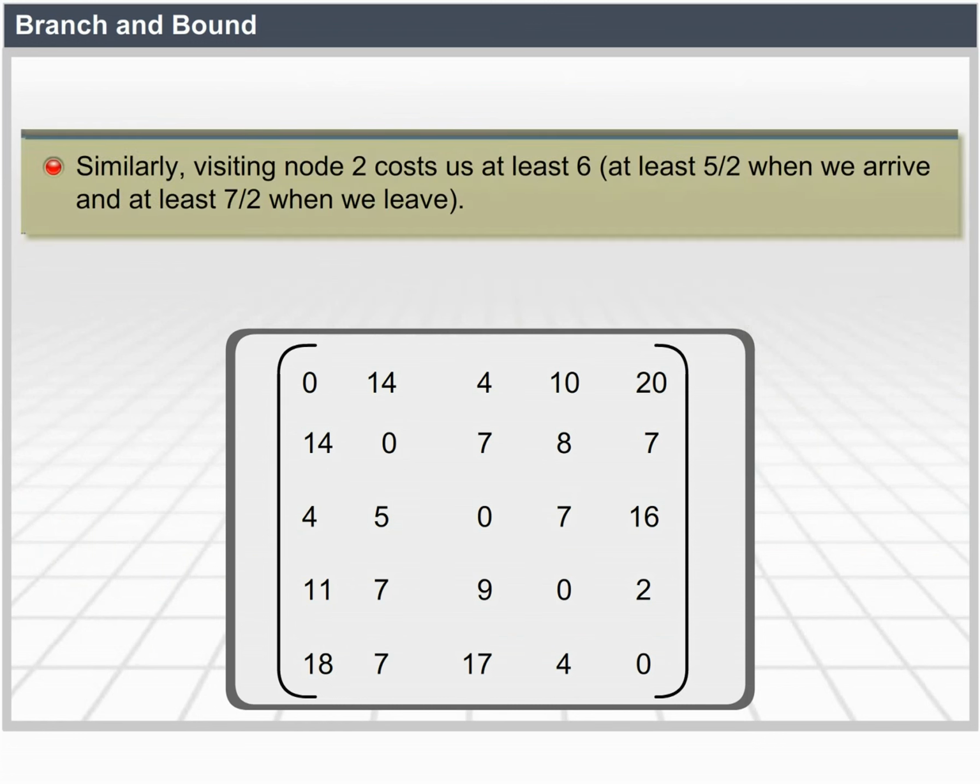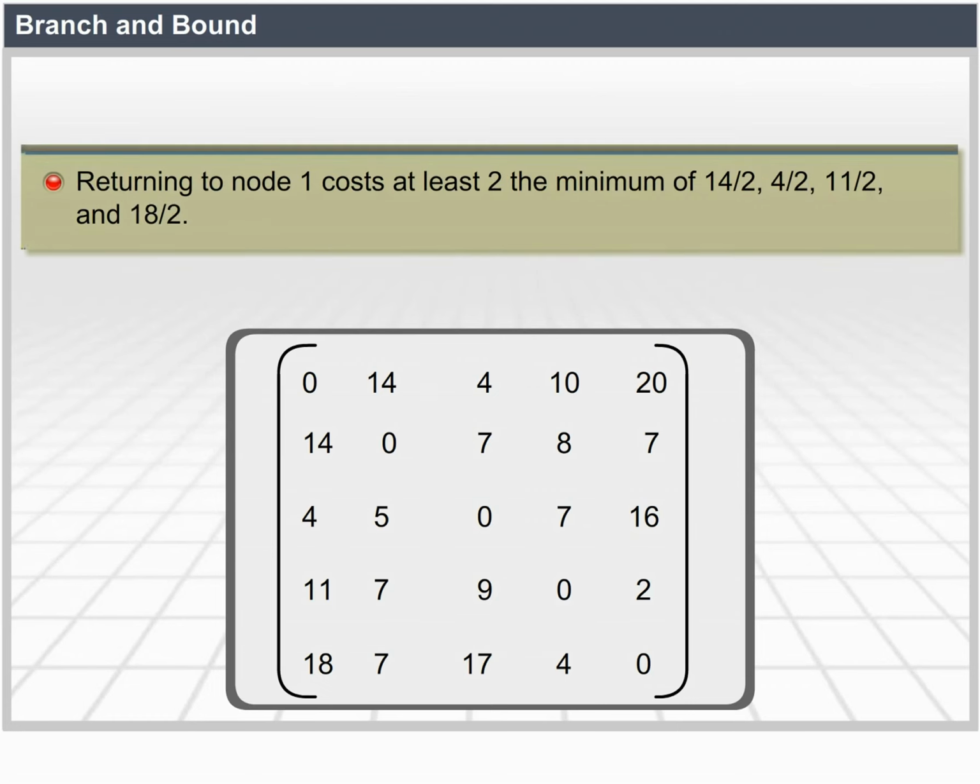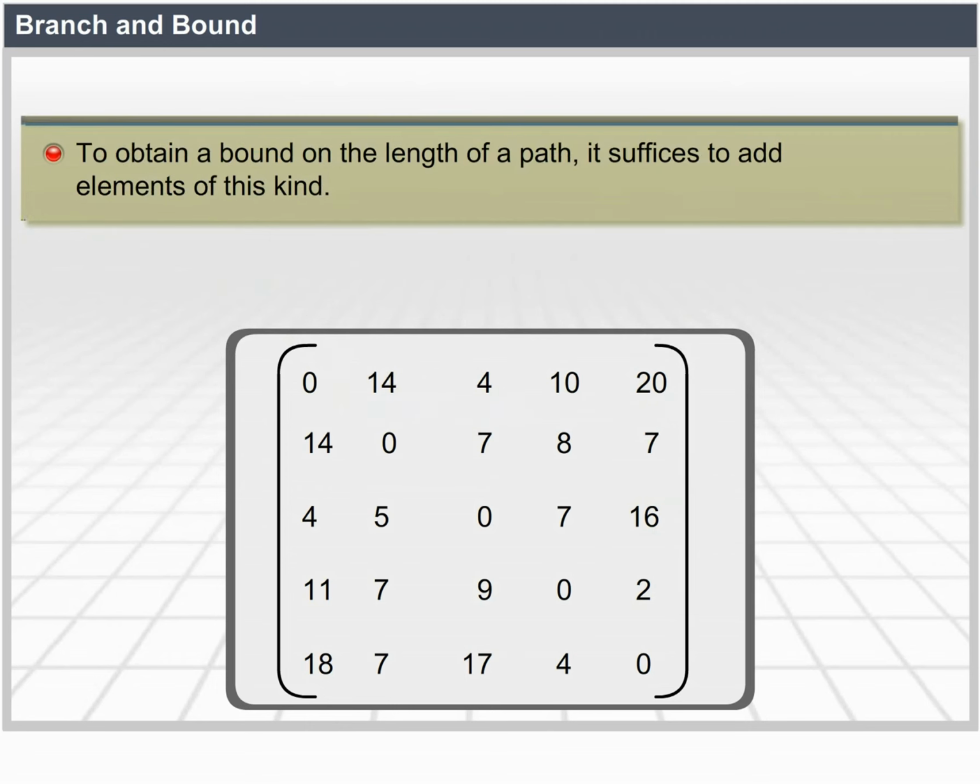Similarly, visiting node 2 costs us at least 6: at least 5/2 when we arrive and at least 7/2 when we leave. Returning to node 1 costs at least 2, the minimum of 14/2, 4/2, 11/2 and 18/2. To obtain a bound on the length of a path, it suffices to add elements of this kind.